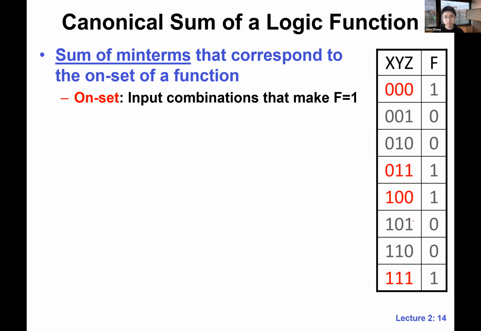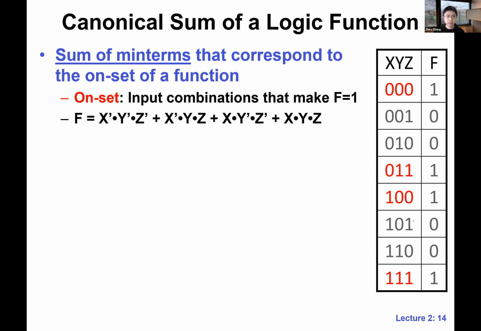If you look at this table, the onset is already marked in red. The zeros, later on we'll see, are the offset. Once we get the onset, all we need to do is write down the corresponding minterms and then just sum them up. That's it, like this.